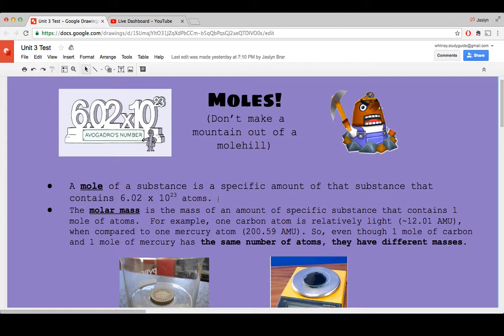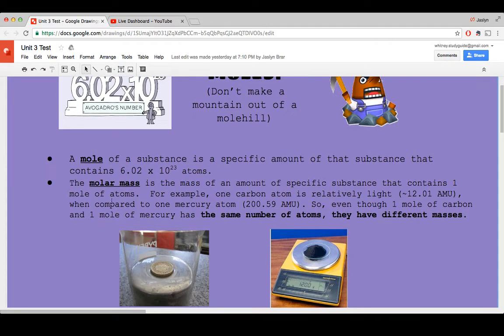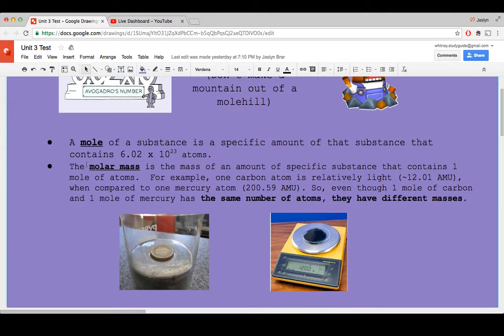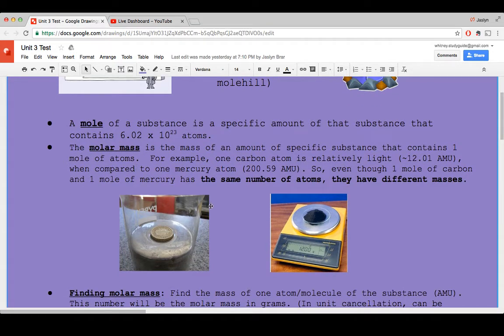Since different substances have different masses, it takes a different amount of each substance to get to this number of atoms. What I mean by that is you have something called molar mass. Depending on what substance you have, the mass of a mole will be different.